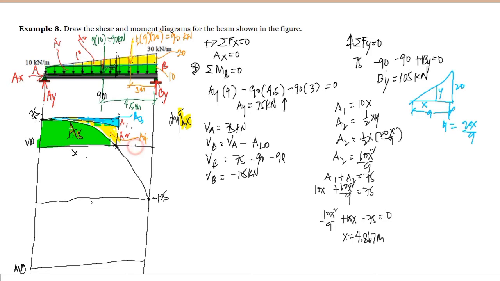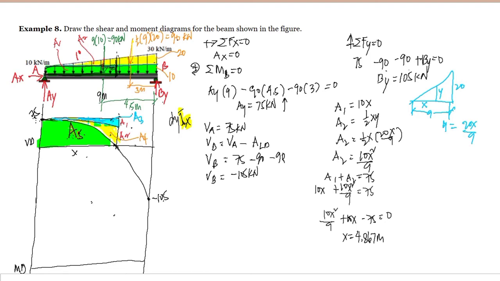Since alam na natin yung value ng x, compute natin itong kabila. Yung area 3 and area 4 ay gagamitin natin para makompute natin si area 5, kasi si area 5 yun yung moment natin dito. Reiterate ko lang na hindi natin pwedeng gamitin yung squared property of parabola dito because we have 3 areas, si area 3, area 4, and area 5.